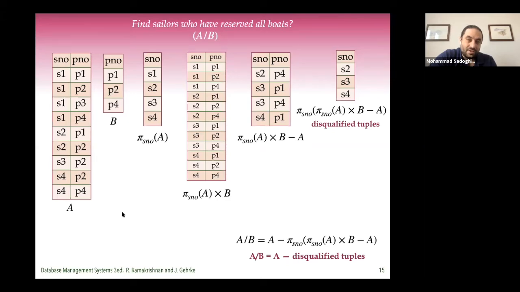The trick was first to construct all possible reservations, subtract the actual reservations, find those who didn't reserve everything, call them disqualified sailors, and go back to the original set of sailors and subtract the disqualified sailors. That would give us all those sailors who have reserved every single boat.